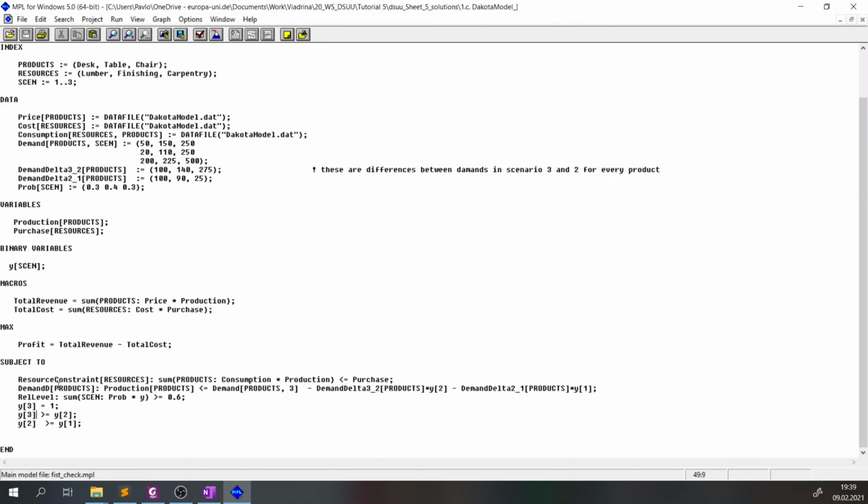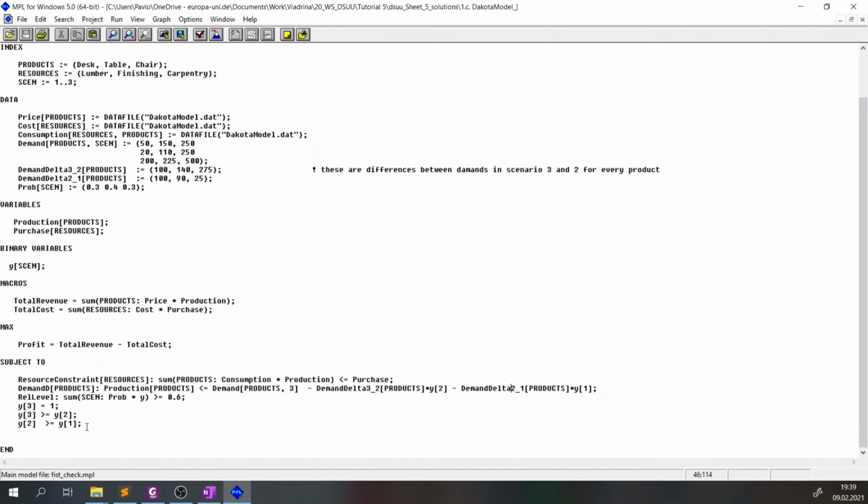And so the demand for every product is calculated in the same way for formulation 1 as we did it now. The left-hand side is the same, that's the production of the product, and the right-hand side, so it should be less than demand for this product in scenario 3, sorry, minus the demand delta, so the difference between demands of scenario 3 and 2, and minus the difference of demand of scenario 2 and 1.